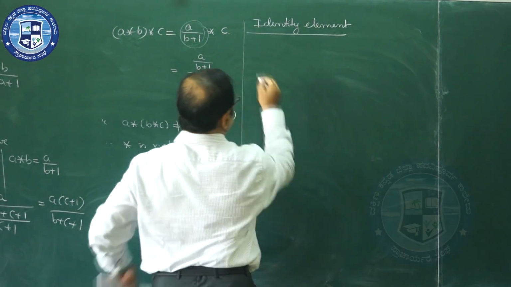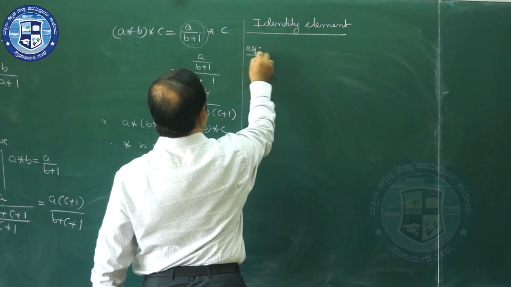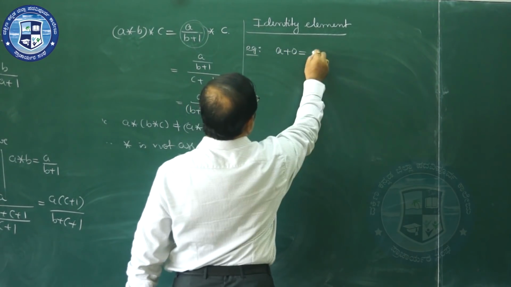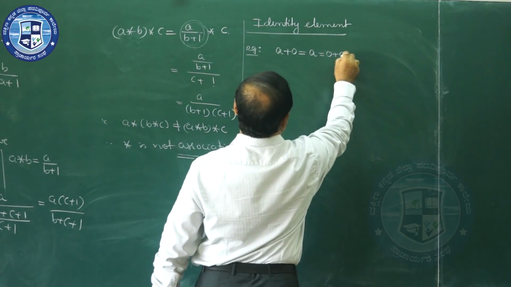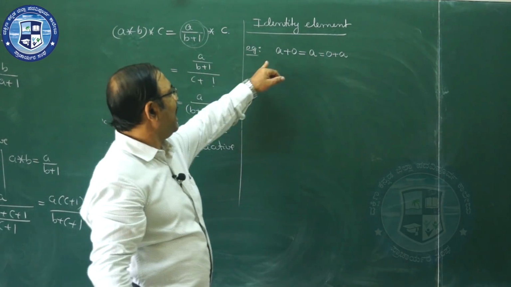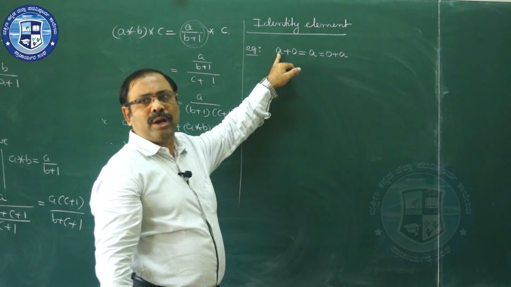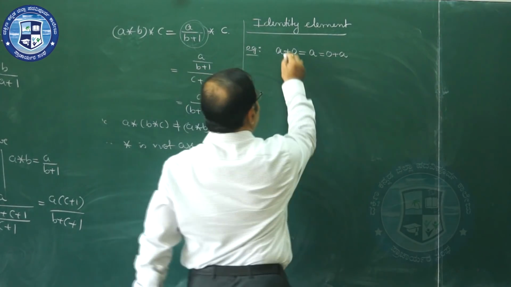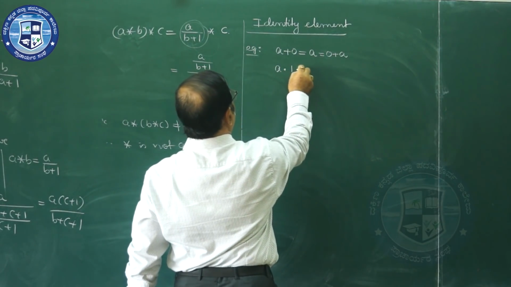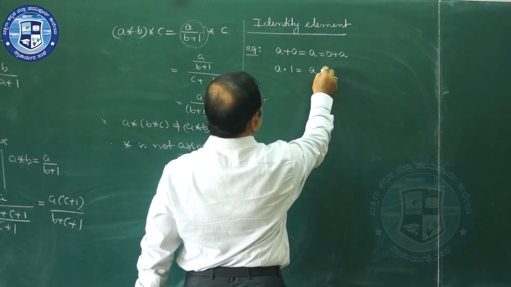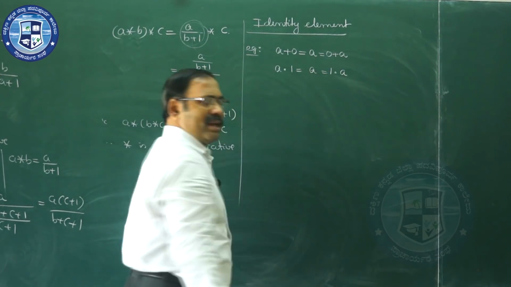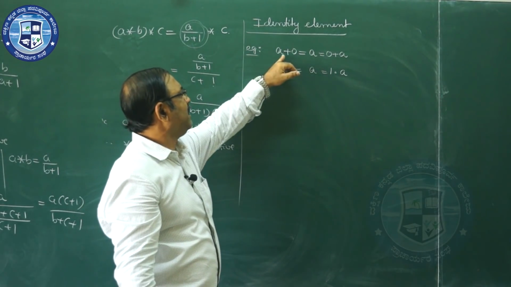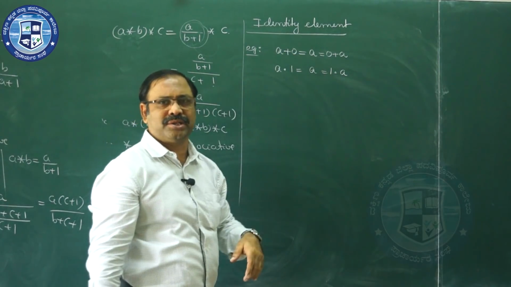We can always write, for example, A plus 0 equal to A. This is 0 plus A. So when you add 0 to A, or when you add A to 0, you get A. Similarly, A into 1 equal to A, correct? That is the same as 1 into A, no? So when you multiply A by 1, it will not change. When you add 0 to A, it will not change.